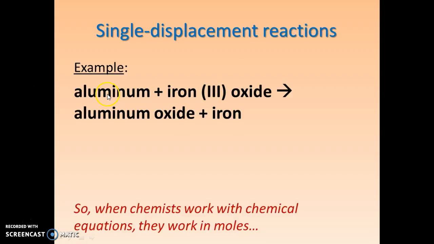So here you can see that A plus BX formula, and over here, excuse me, it's actually AX plus B. I misspoke there. So again, A plus BX forming AX plus B. That's what I was trying to say. So again, that just comes down to the general equation there.